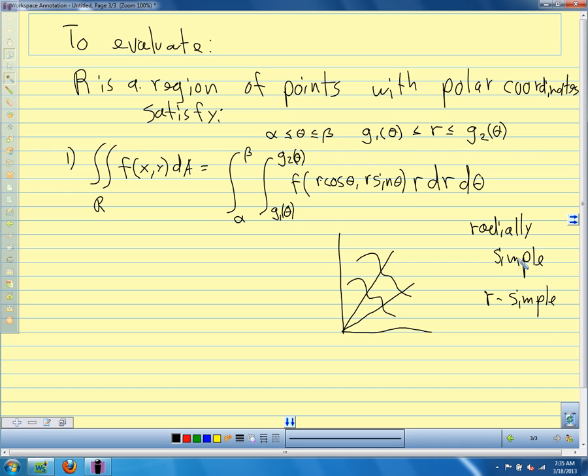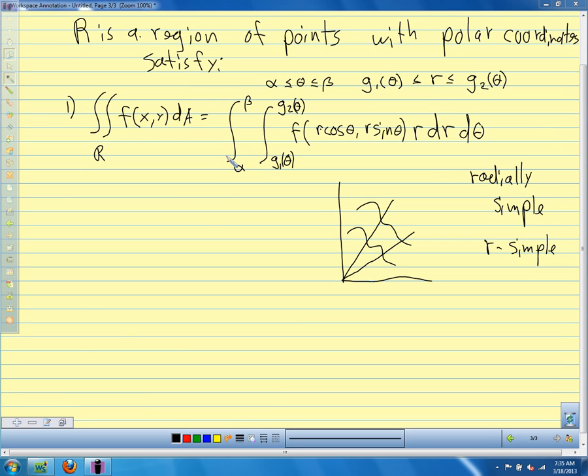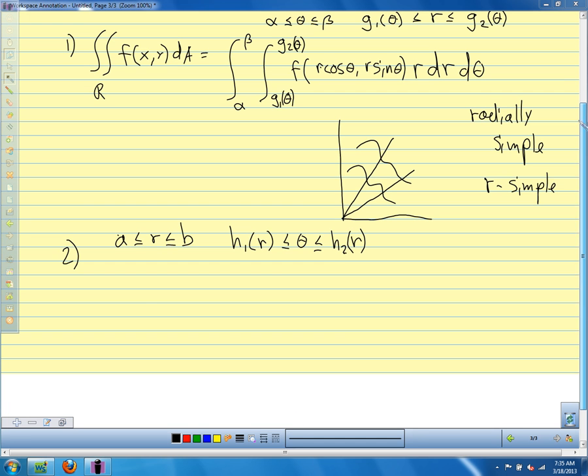And our second condition is when we have some function of theta and we switch our order. So for our second condition, a is less than or equal to r less than or equal to b, and h1 of r is less than or equal to theta less than or equal to h2 of r. So we have theta as a function of r, and we're just going to switch the order here.